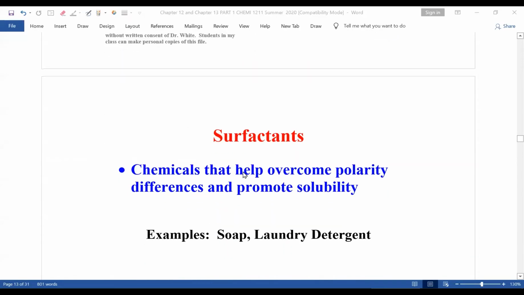This is not on the test, but how does soap work? They're called surfactants, which is short for surface active agents. Dr. White has about 6 US patents dealing with surfactants. So it's an area I'm a world authority in. Those are chemicals that have a polar and nonpolar end, and they help water interact with things that are nonpolar, like grease and dirt.